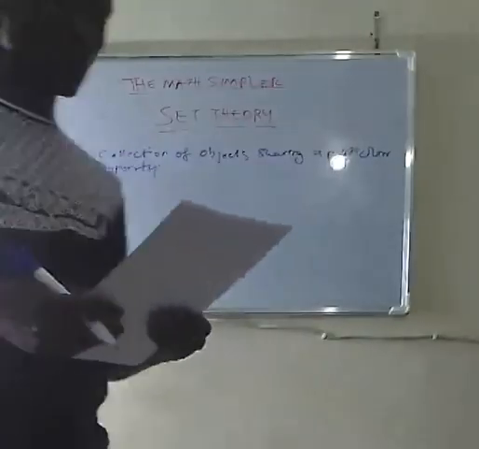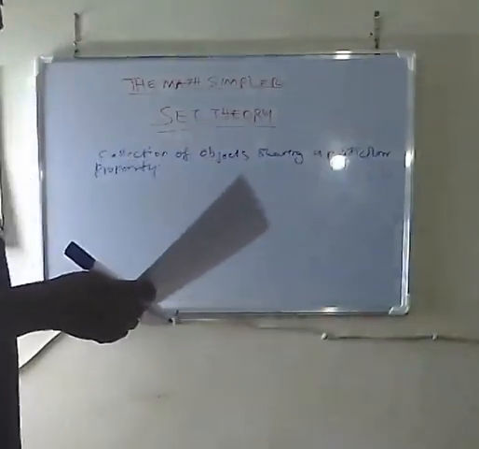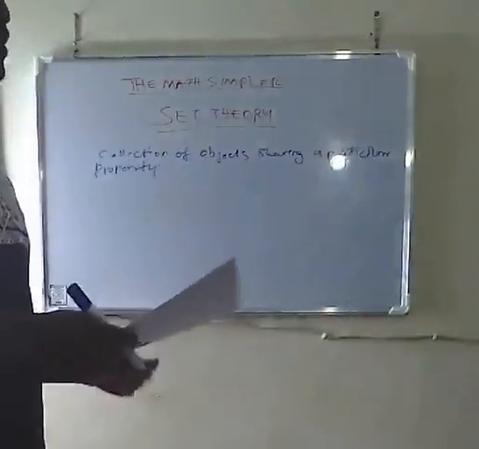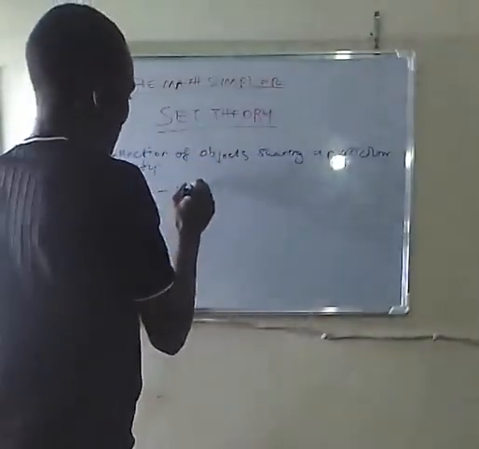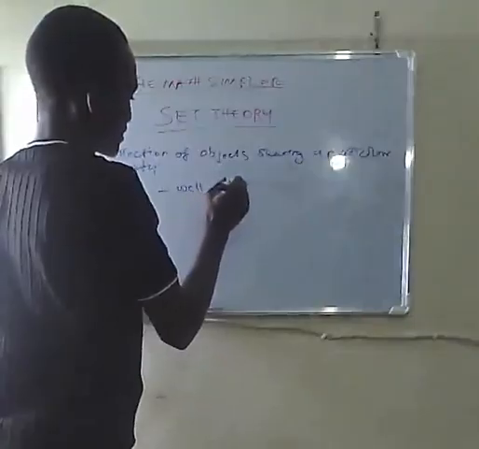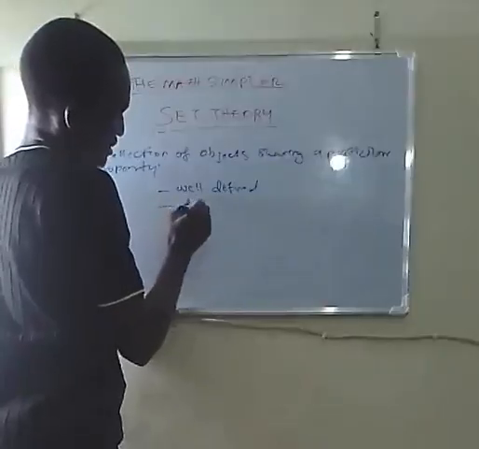A collection of well-defined and distinct objects grouped together. These objects are well-defined and they are also distinct.